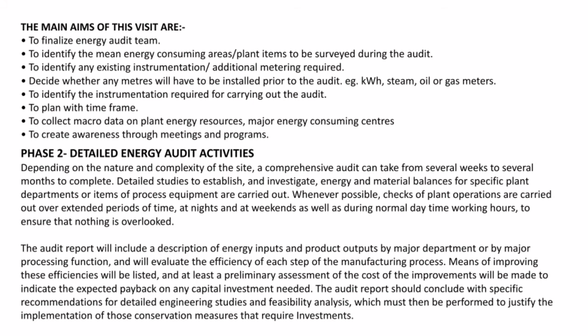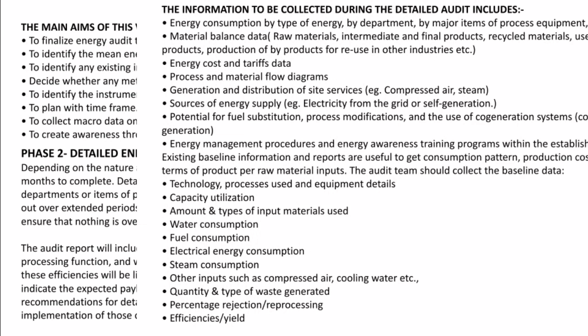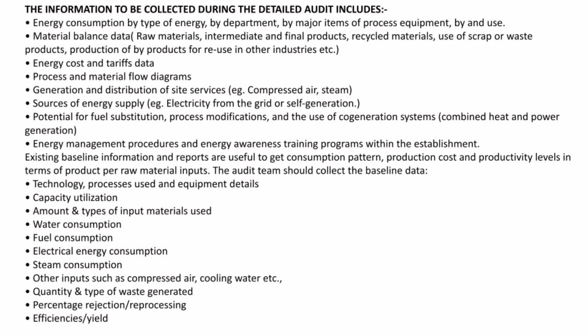Now let us take a quick look at the information to be collected during the detailed audit. So this information includes energy consumption by type of energy, by department, by major items of process equipment, and by end use. Not A and D, it should be E and D. Second one is material balance data, that is how the materials are balanced throughout the process.